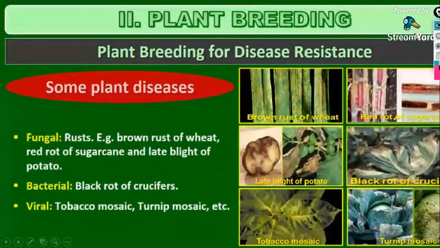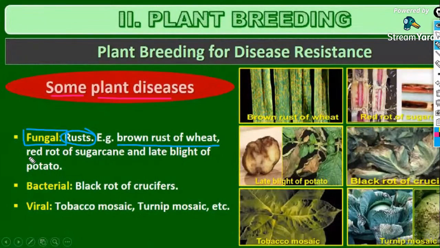Next, some of the plant pathogens that we have to give importance to. Fungal: rust causes brown rust of wheat, red rot of sugarcane, late blight of potato. Guys, this is a homework for you in the comment section.